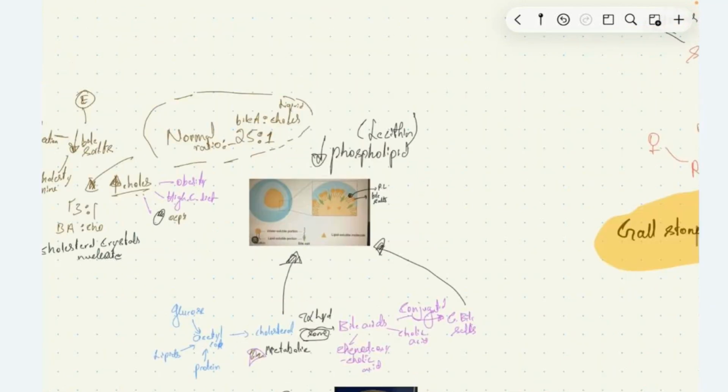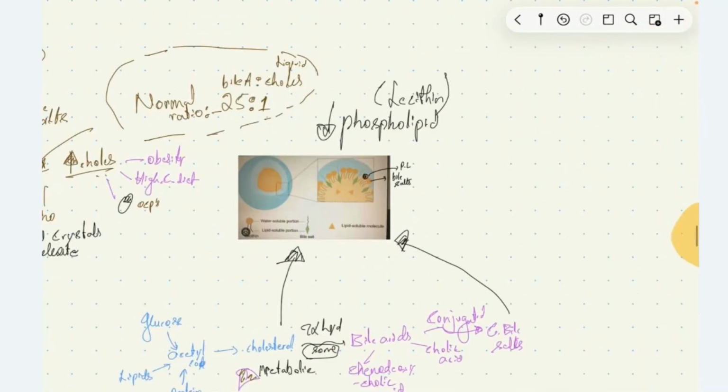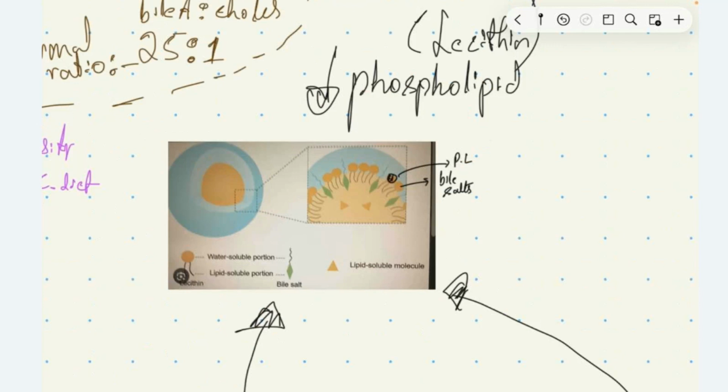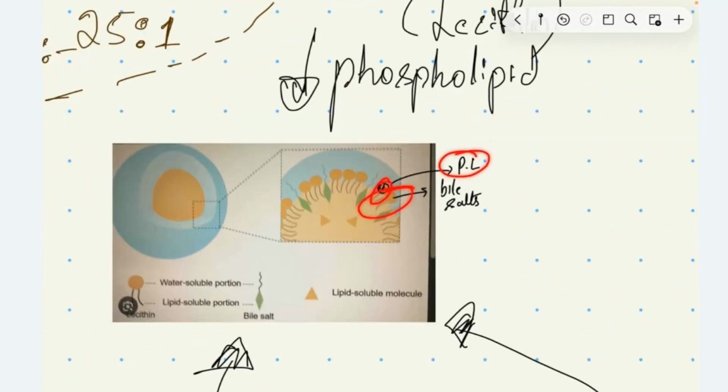We have this cholesterol, these bile salts, along with the phospholipid lecithin. These three things get incorporated to form micelles. We have phospholipids here, bile salts here, and the hydrophobic cholesterol here.